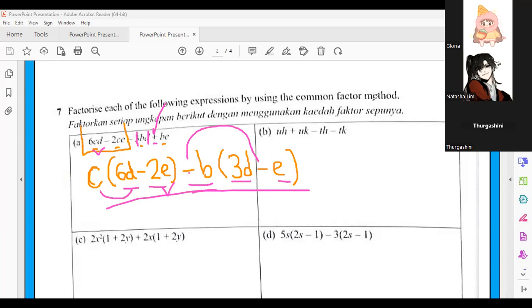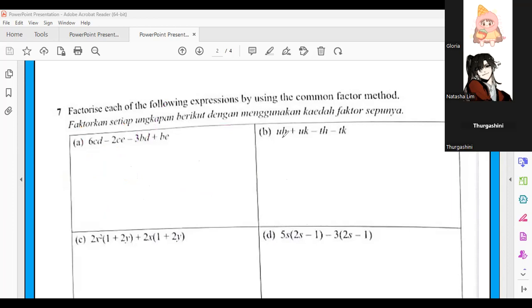Now you have like two parts. Okay, in case you can't read it, it's UH, everything is UK. This is TH and TK. Same thing. So I take out my U, and then I'm going to have here H plus K. Can you see that?